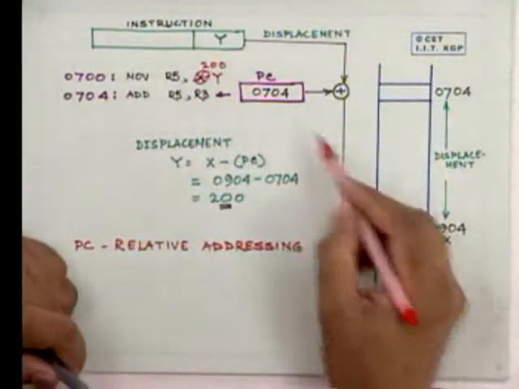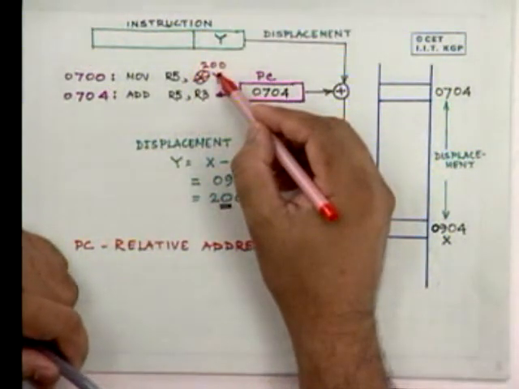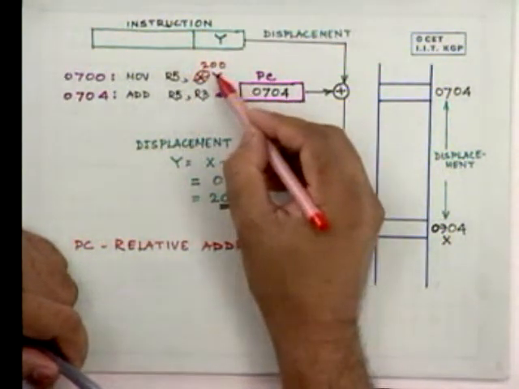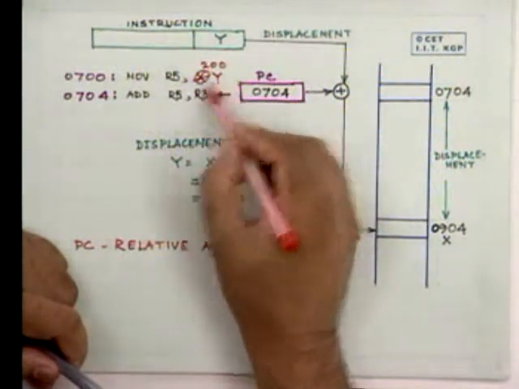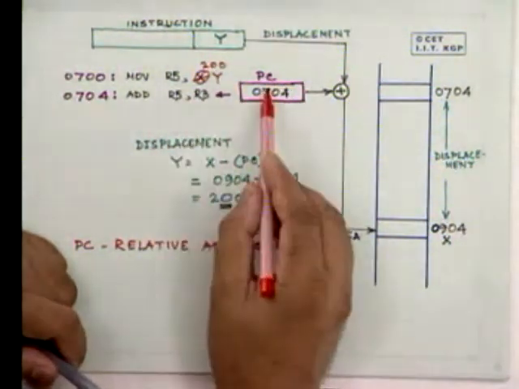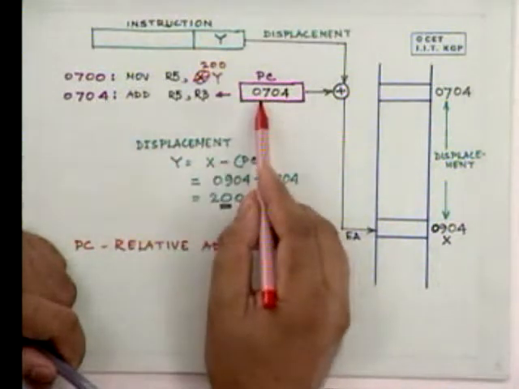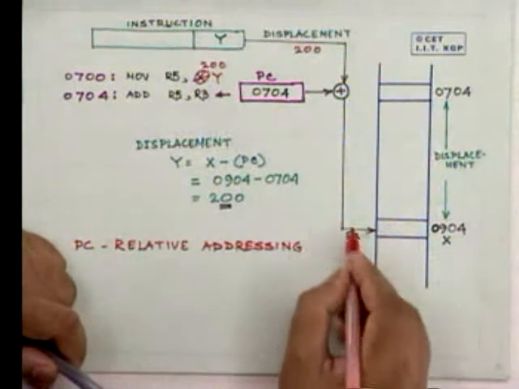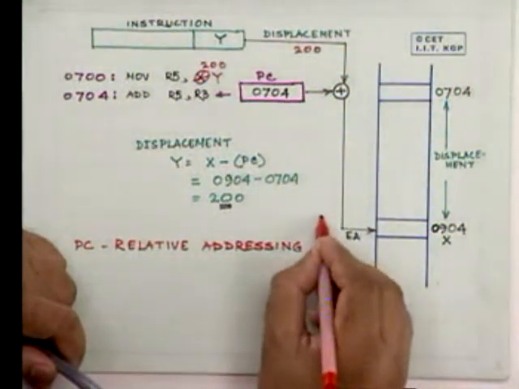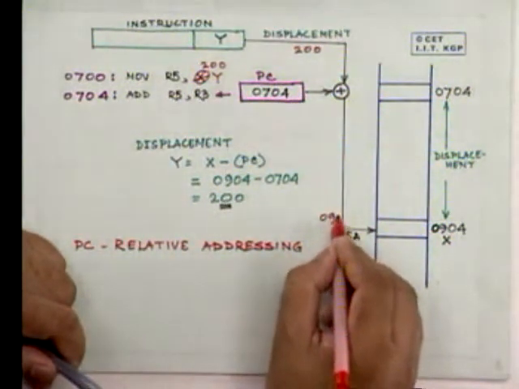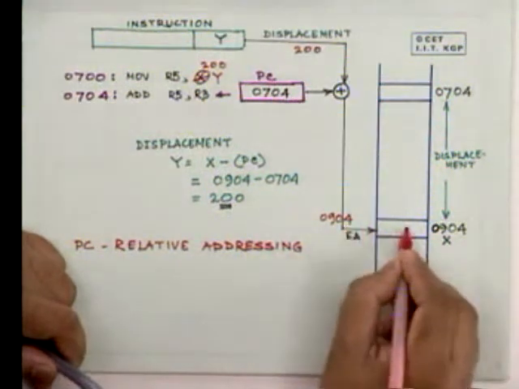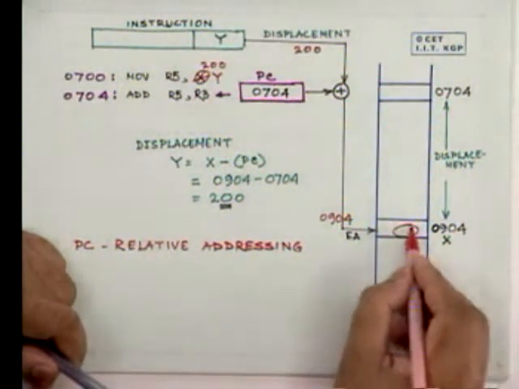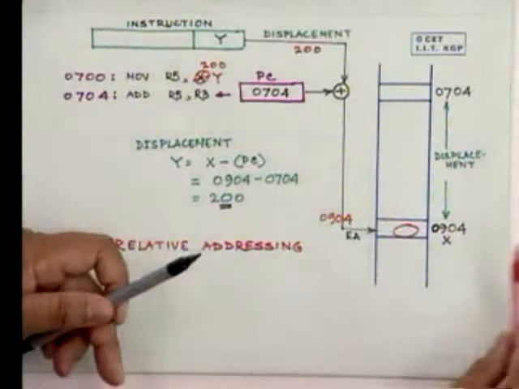Now when actually computing the address of the operand, the source operand, we take the program counter which is 0700, add the displacement which is say 200, right? And in that case we'll get 0904, which is the address of that operand, and we can take the operand from here, okay.